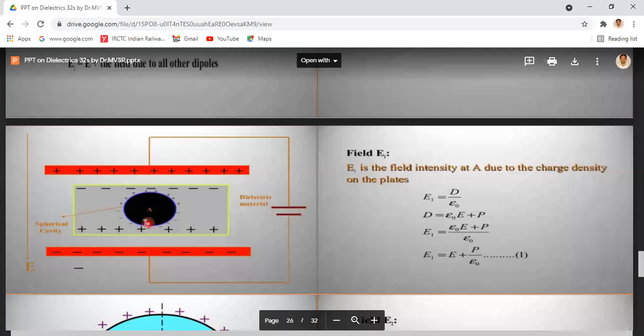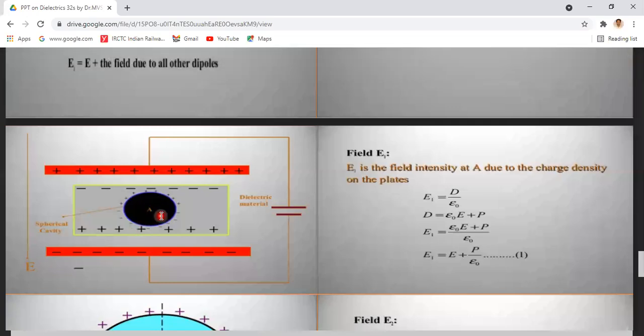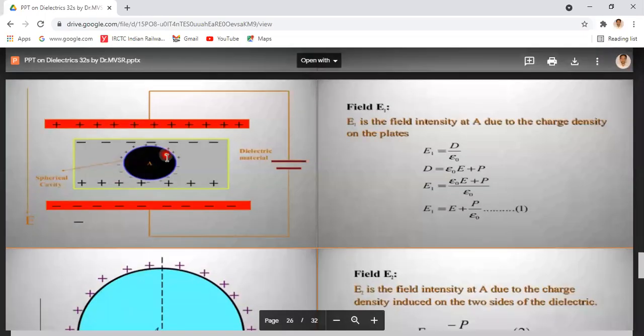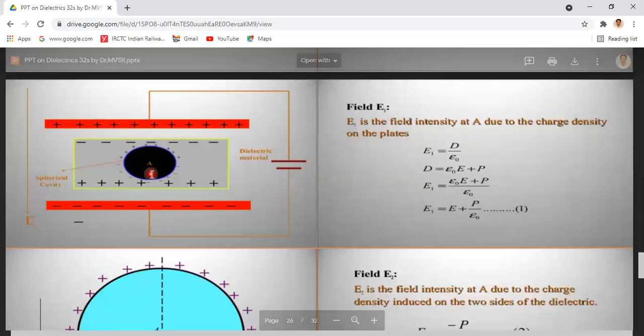Within this spherical cavity, there exist other dipoles, the neighboring dipoles around this atom A. The electric field produced by the neighboring dipoles around this atom is given by E3 bar. Of course, here we are assuming a cubic structure, so E3 is equal to 0. That means the electric field produced by the neighboring dipoles on this atom A is E3 equal to 0.